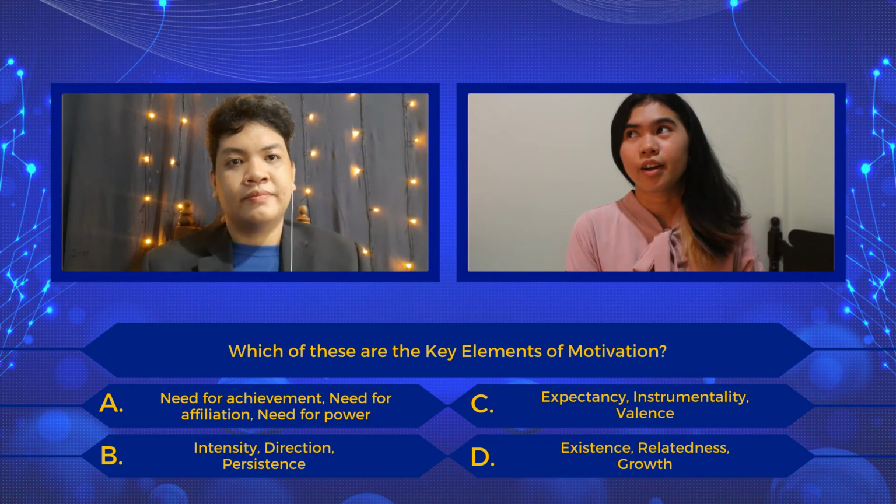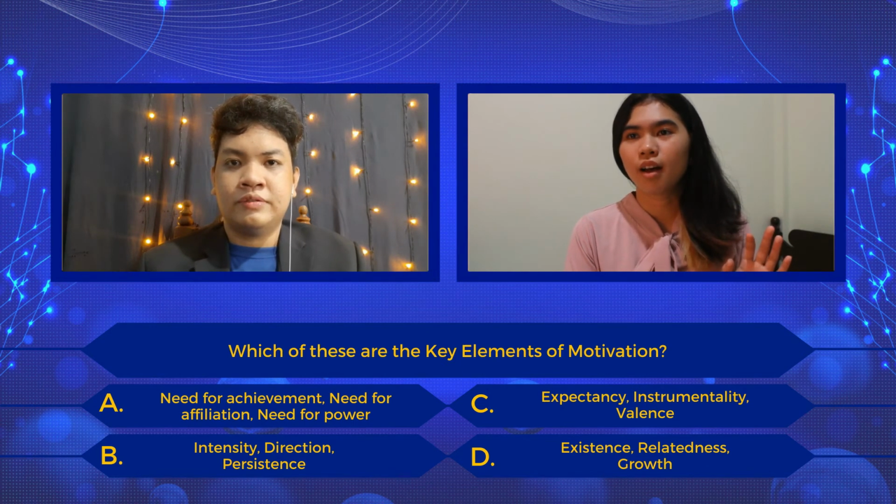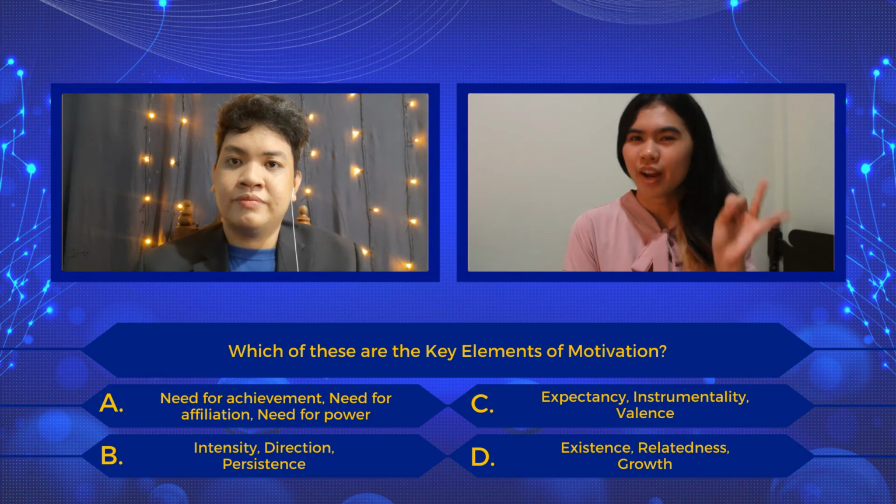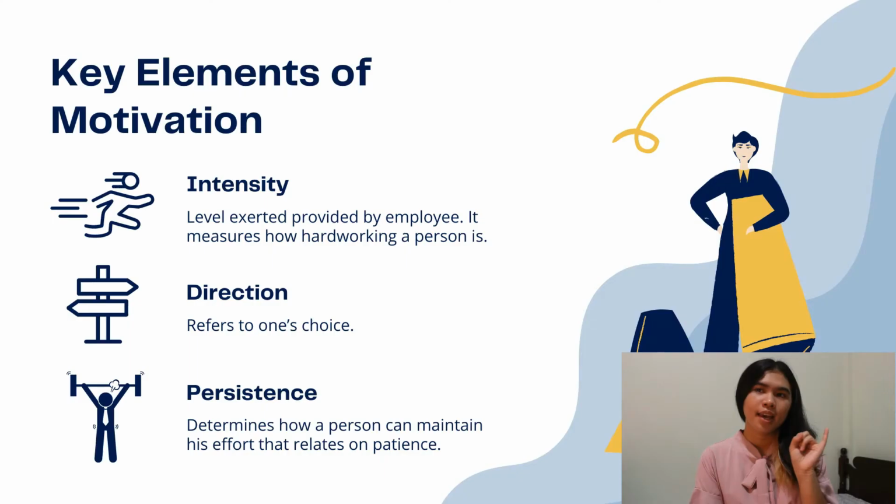I remember that there are 3 stated elements of motivation, which are intensity, direction, and persistence. Intensity is how hard a person tries to reach his goals, how hard he exerts effort in order to perform well. Direction is the path where your efforts are taking you.